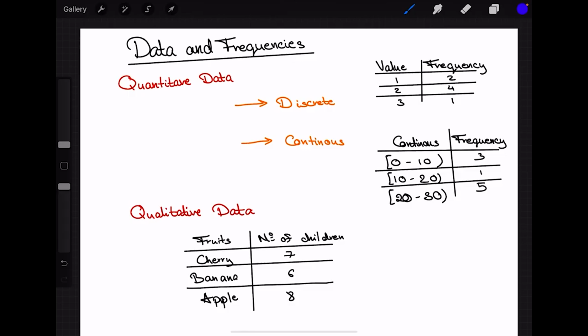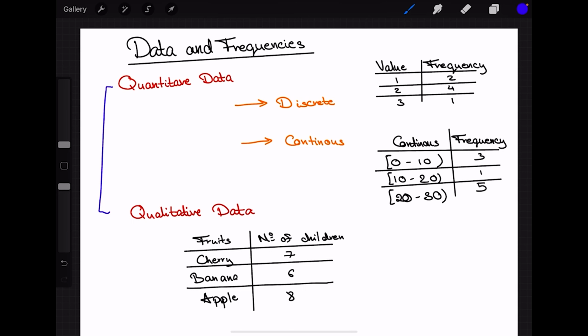Let's get started. With data we have two exact types, I'd say: quantitative and qualitative. Quantitative data can be separated into two subcategories of discrete and continuous.